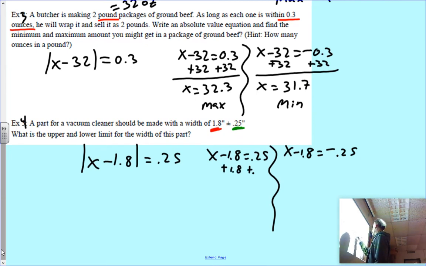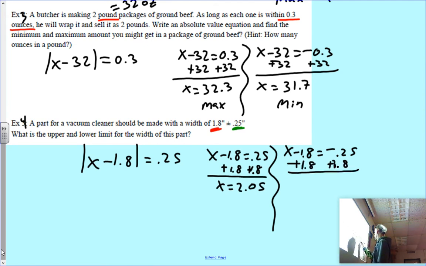So add the 1.8. x equals 2.05. And x equals 1.55. You get minimum and maximum.